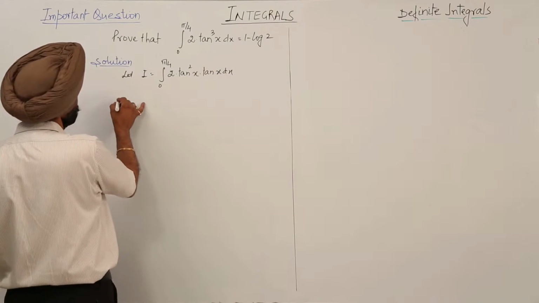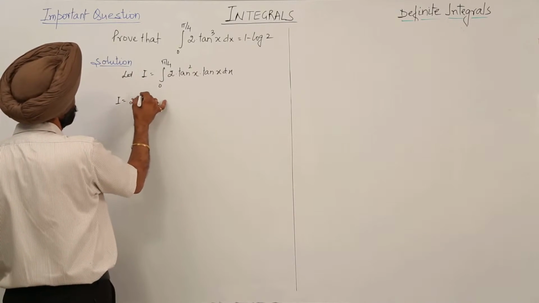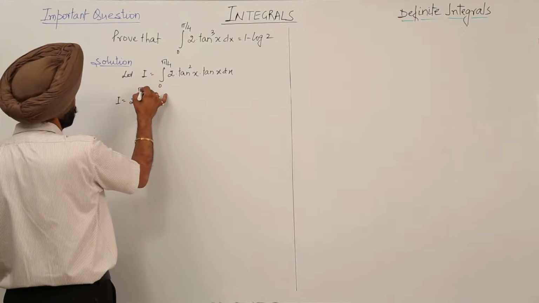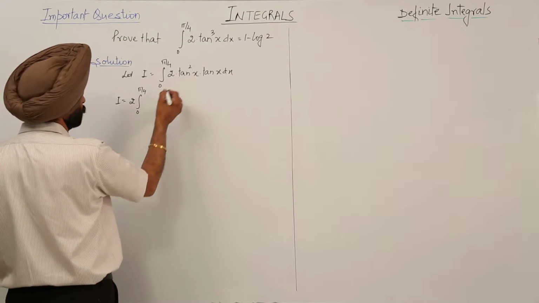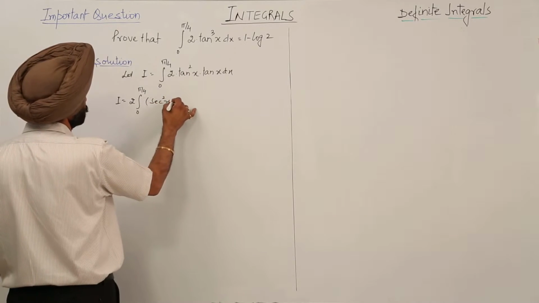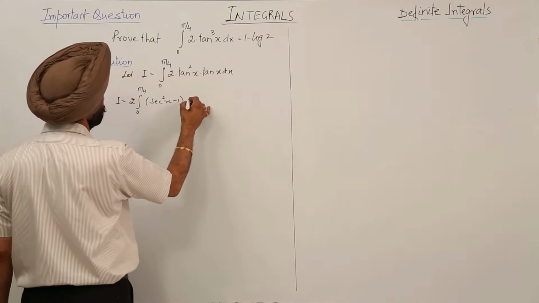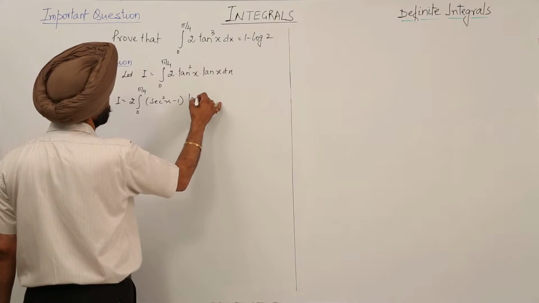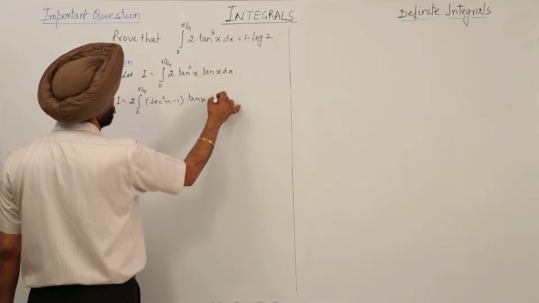Now this becomes the integral from 0 to pi by 4. Now tan square x is what? We can write it as secant square x minus 1, with tan x dx.